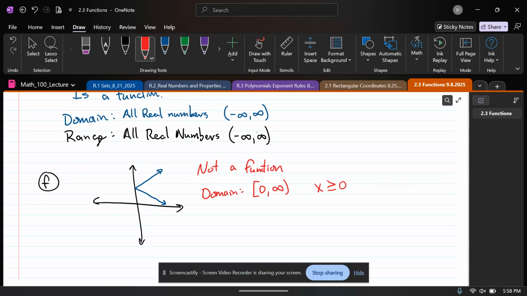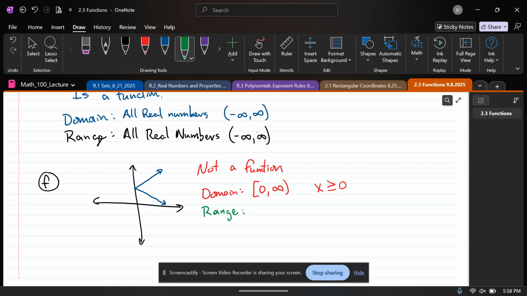Can anybody tell me the range? Think about range going from bottom to top. Where's this one headed? It's going that way, down forever, right? Where's this top half headed? Up forever, right?